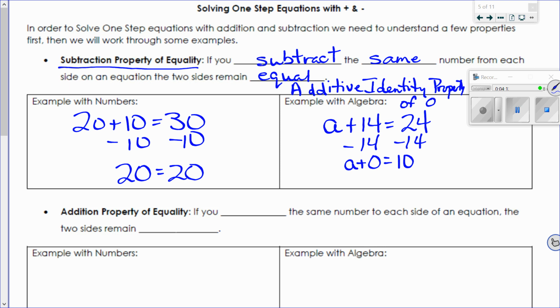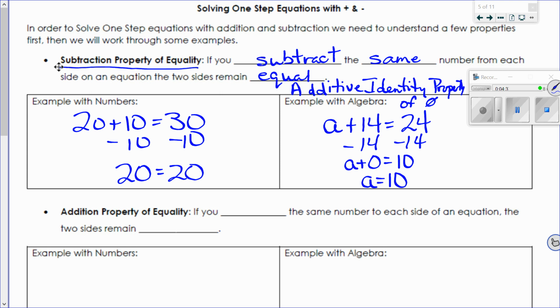The additive identity property of 0 says, if I add 0 to any number, I still get that number. Meaning on this side of my equation, I now have a plus 0, so what does that equal? A. So I can get rid of that and just say a equals 10, and now I have my solution.